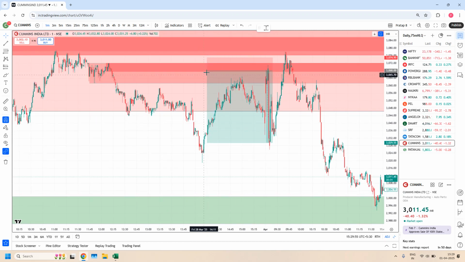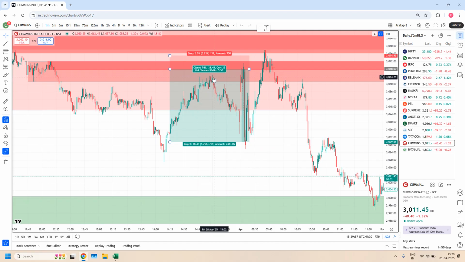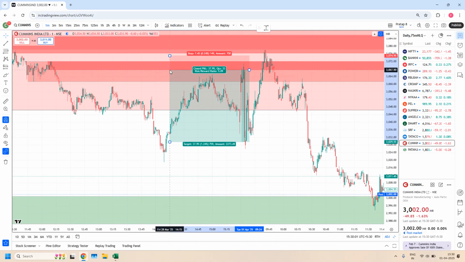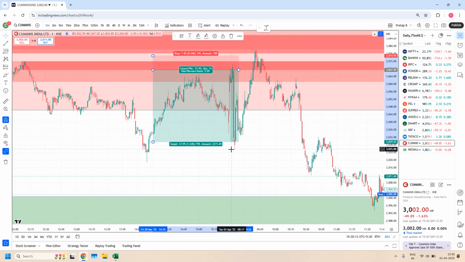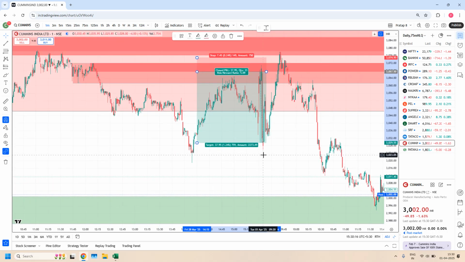Sorry, it's not 1:5.3. I think this one is slightly moved. Yeah. So this is 1:5 because entry is at the 3 minutes level. So 1:5 achieved. Suppose if you would have extended till the bottom, maybe 1:6, maybe 6% ROI it might have achieved. After achieving 6% ROI, again it started moving up.